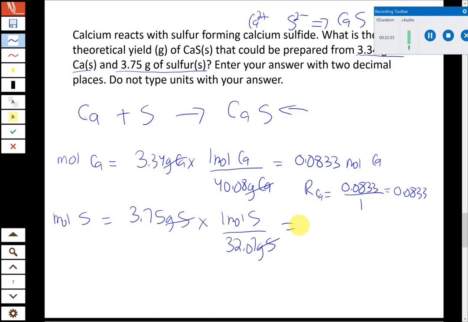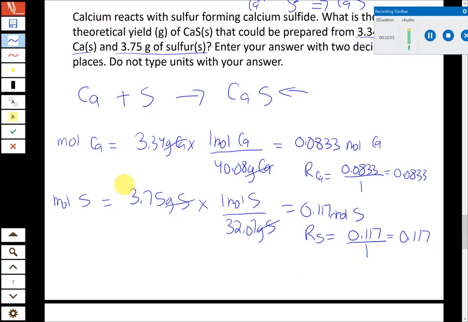So we get a number that's slightly larger, 0.117. And that means the stoichiometric ratio for sulfur is going to be that number divided by its coefficient, which is also 1. And so we get 0.117.